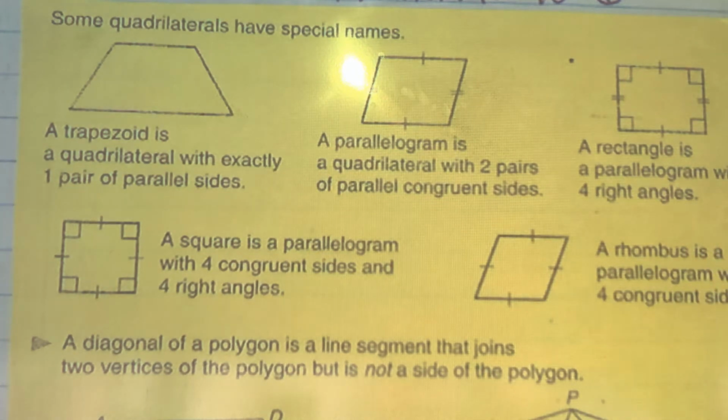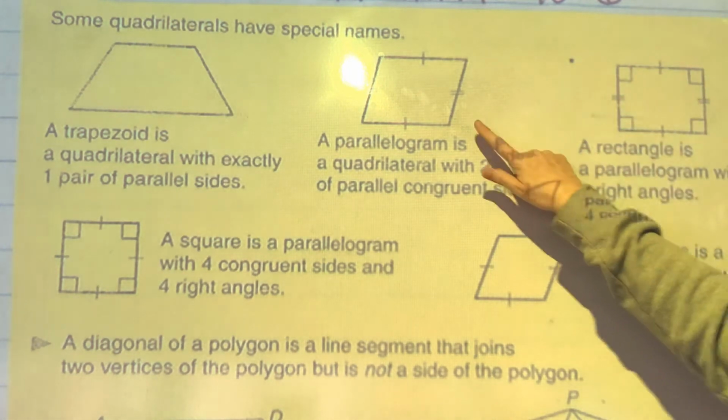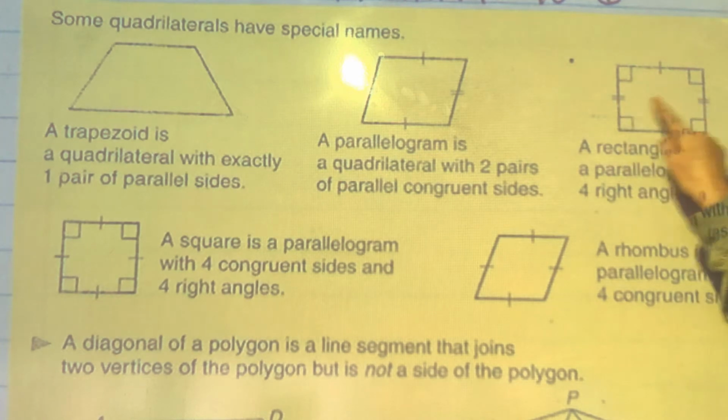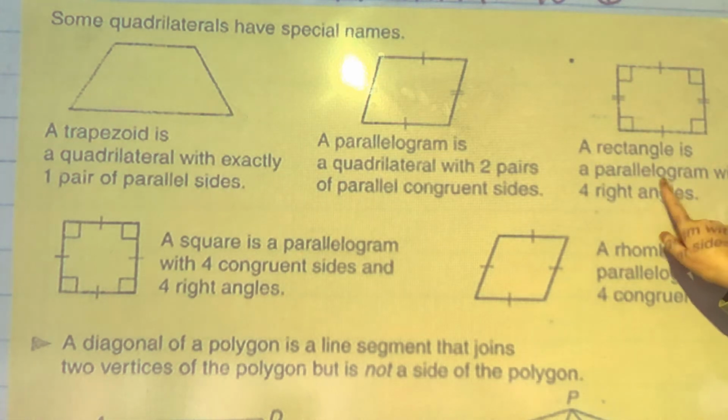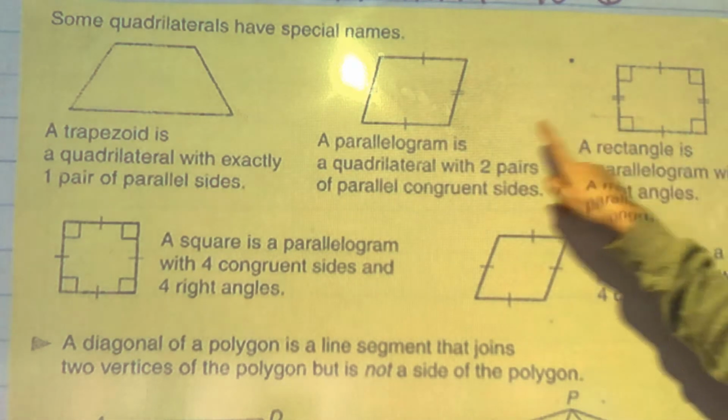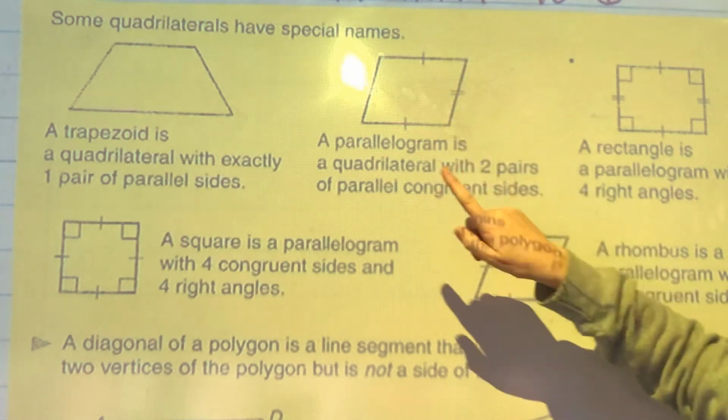And finally, when we look at the other top one, a rectangle is a parallelogram. A rectangle can also be called a parallelogram because both sets of sides are parallel and congruent, and it has four right angles though. So a parallelogram can't be called a rectangle because it doesn't have four right angles. We can see that.